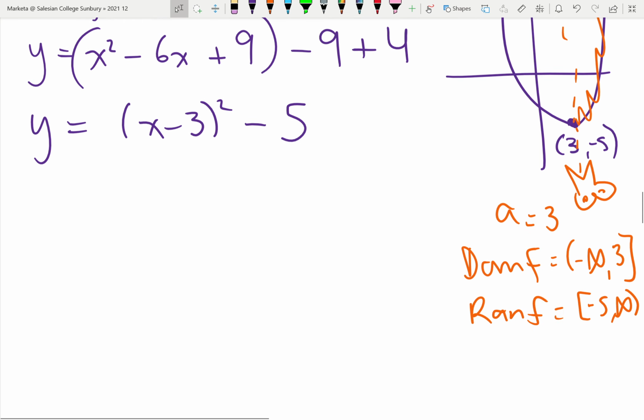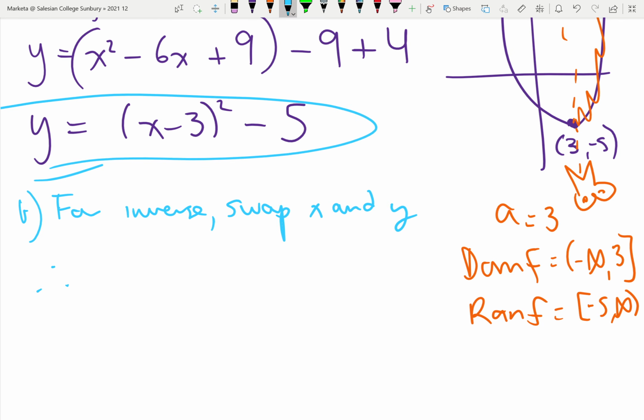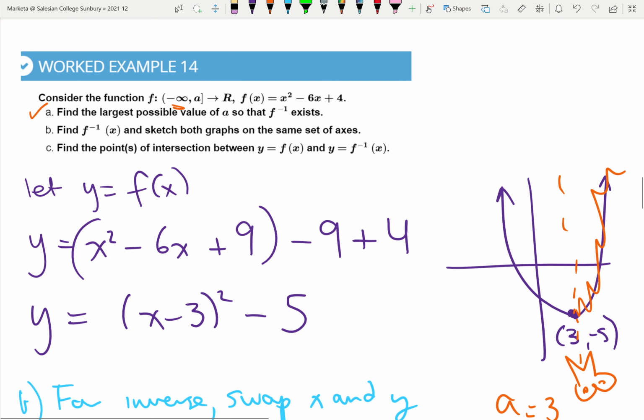So we've already let f(x) equal y, so for the inverse, swap x and y. I'm going to use the turning point form because I'm going to be able to undo that far better. In fact, I can't undo the other form as it is.